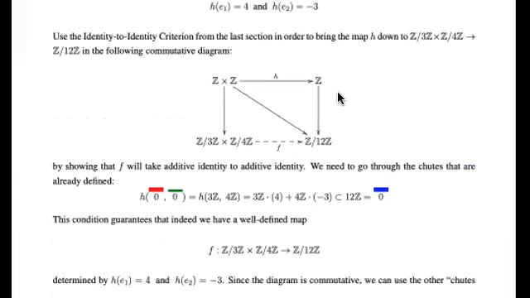Surjectivity means that we're going to get everything down here as we go up through this route, which means at this stage we need to be hitting all: one more than a multiple of 12, 2, 3, 4 more, 5 more, 6 more, 7 more, 8 more, 9 more, 10 more, 11 more, and multiples of 12. We need to be hitting all of those in here at some point in order for this to be surjective.